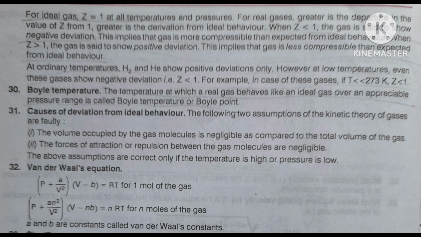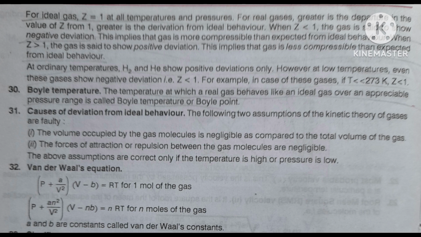As correction in pressure, P is equal to P plus a small p, and that a small p was A n square divided by V square. Okay, a question is asked, don't confuse: P plus a small p, then a small p is equal to A n square upon V square. Correct?